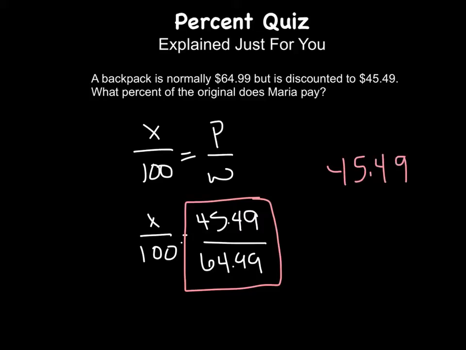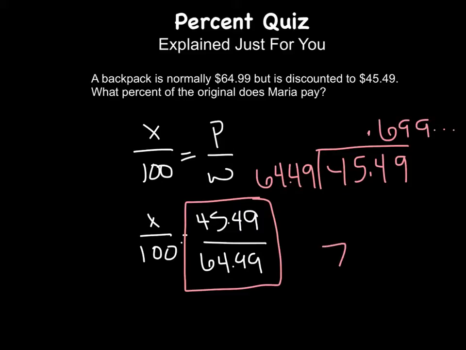45.49 divided by 64.99. And we can all do that, but I'm going to kind of cheat and use a calculator. 45.49 divided by 64.99 is roughly, it kind of goes on, so I would say roughly 70%.